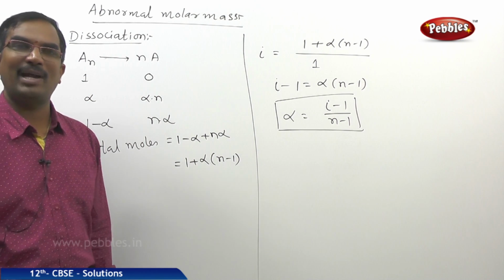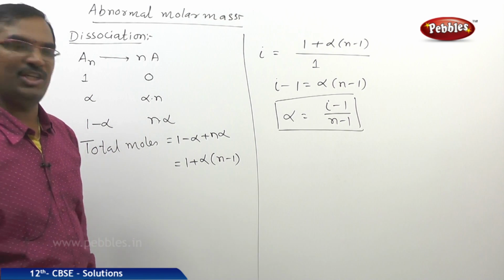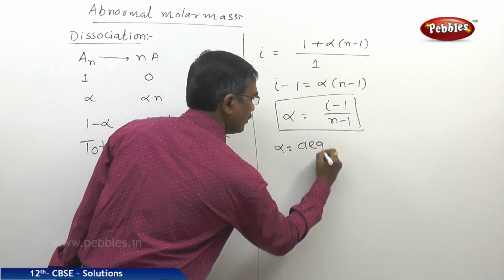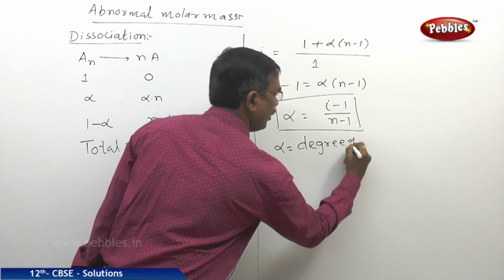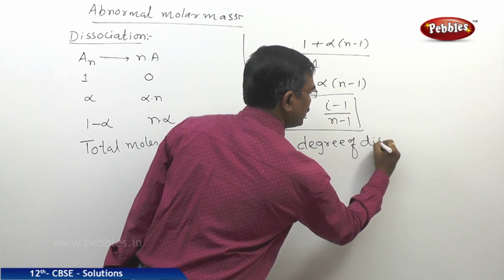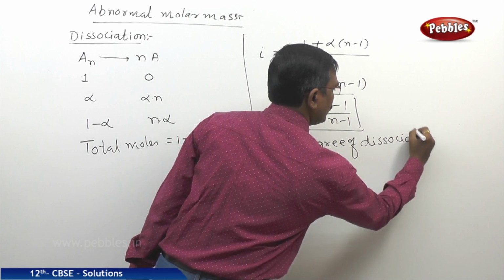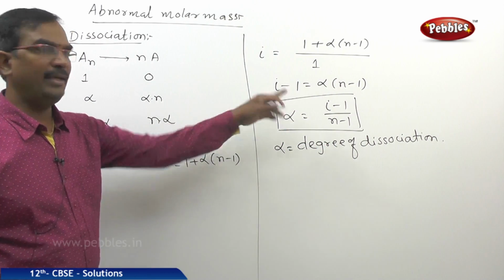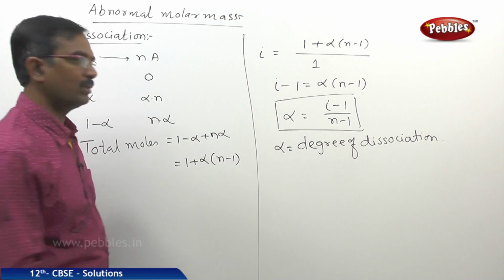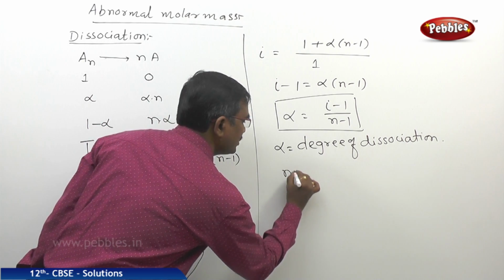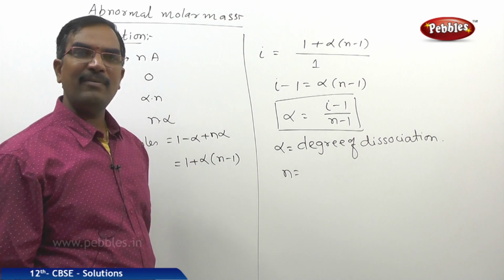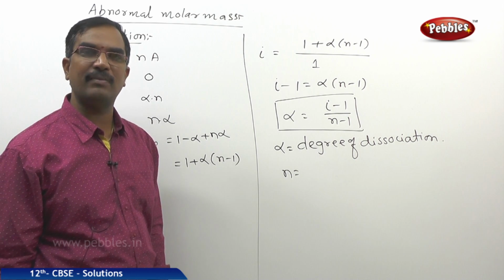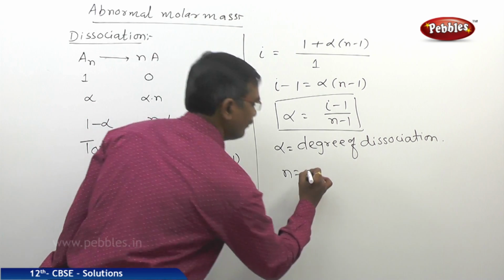Here alpha is the degree of dissociation, i is the van't Hoff factor, and n is the number of particles formed by the dissociation of a single particle.